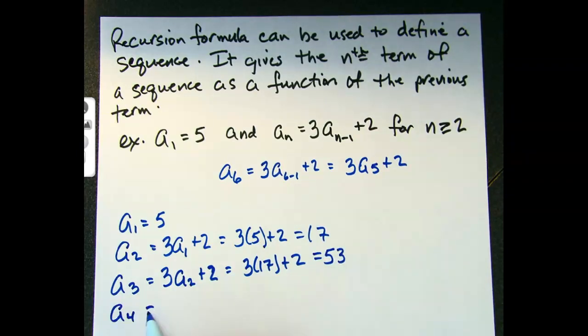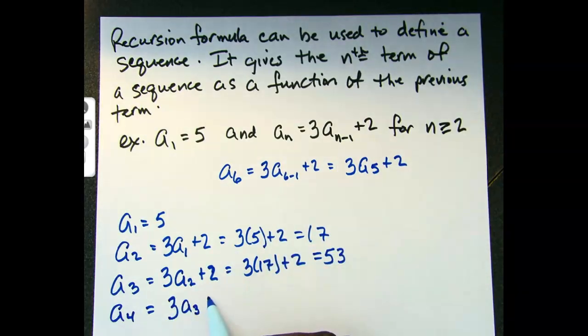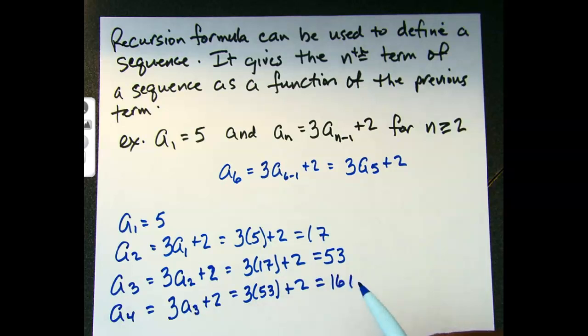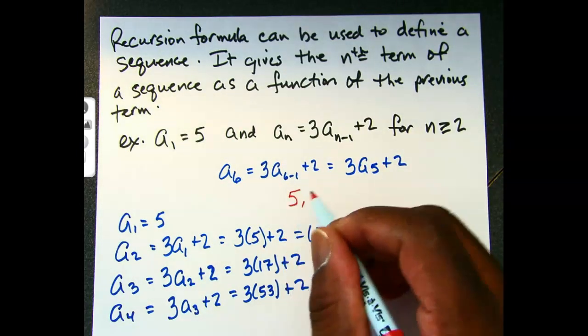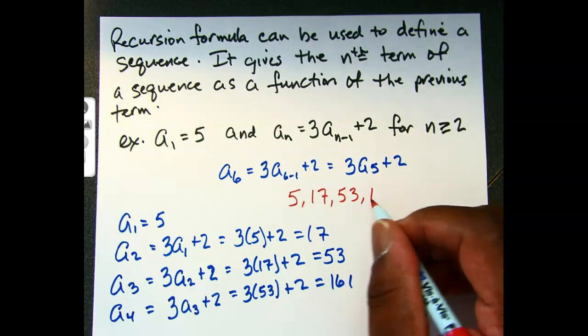And a sub 4, 3 times a sub 3 plus 2. So that would be 3 times 53 plus 2. It's 159 plus 2, 161. So our first 4 terms with this particular sequence would be 5, 17, 53, and 161.